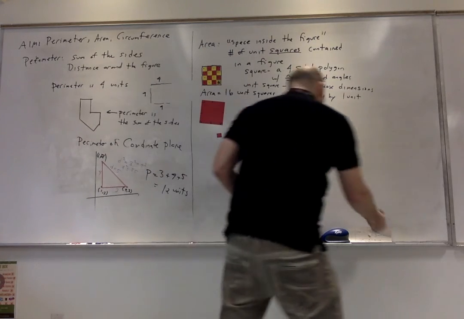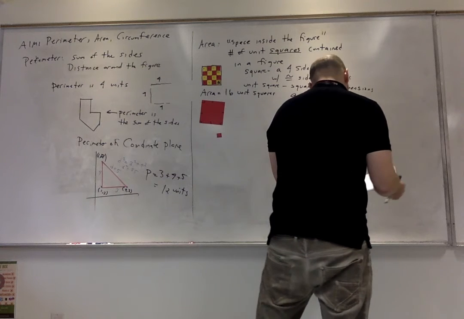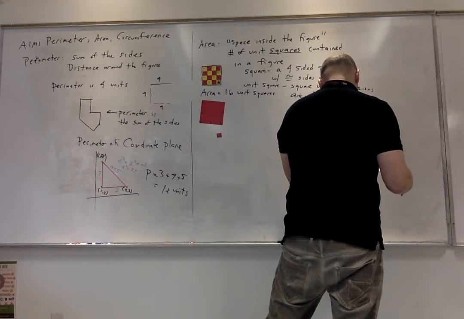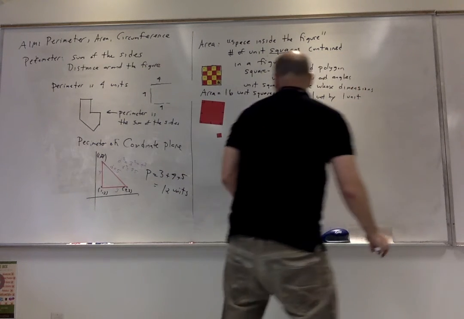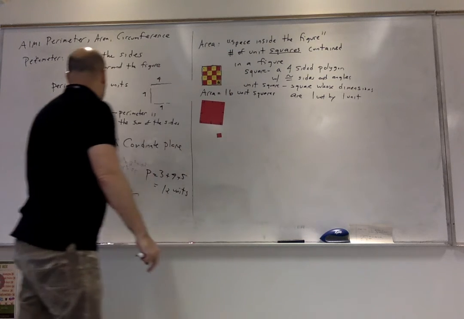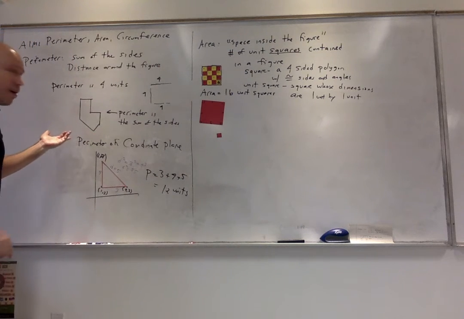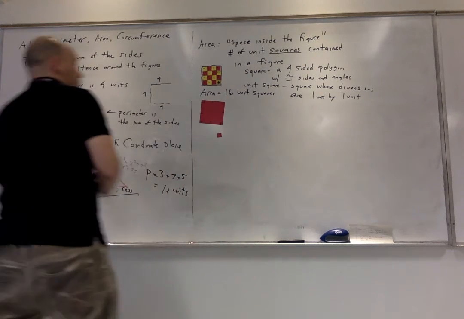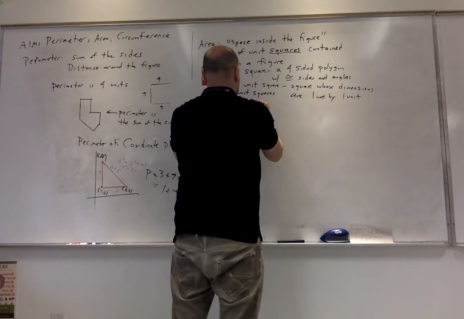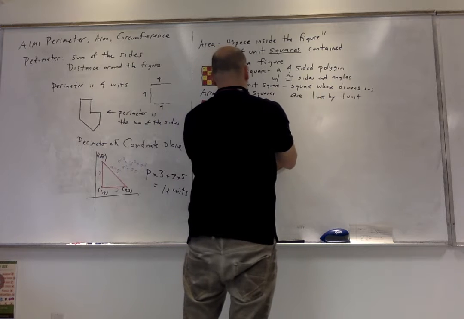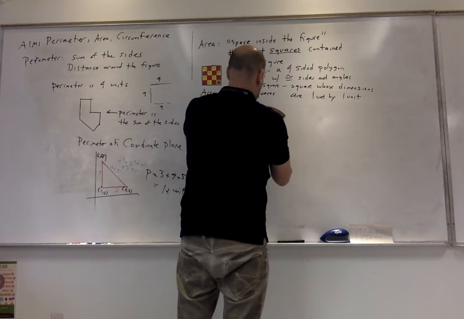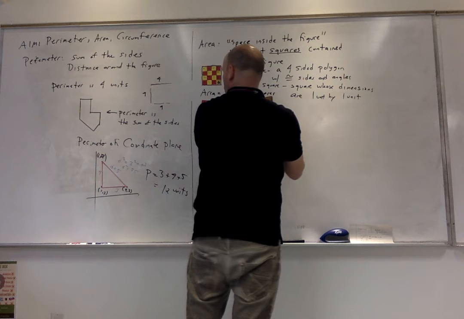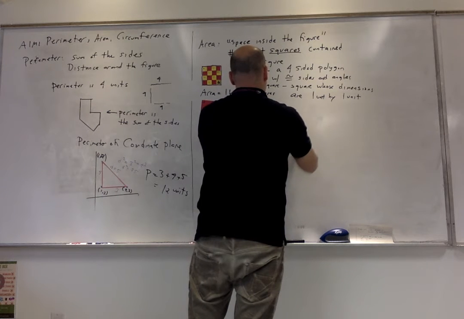What else do I want to say about area? Nothing. Once again, if you have a weird figure over here, let's take this, I'm just going to let you have this weird figure. What does it look like? What happens when you take this weird figure?